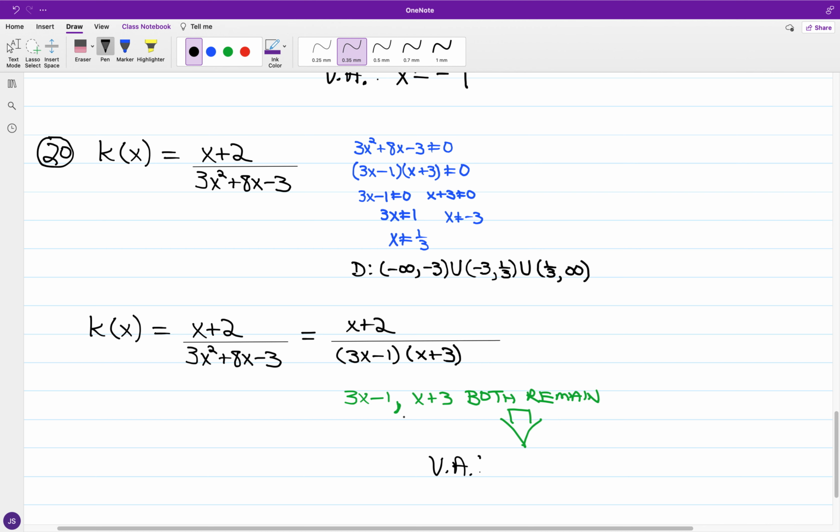Again, since 3x minus 1 stays, okay, we have a vertical asymptote at x equal to 1/3. And also, since x plus 3 does not cancel out, we have a vertical asymptote at x is equal to -3.